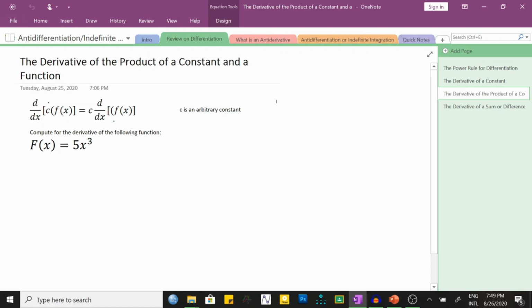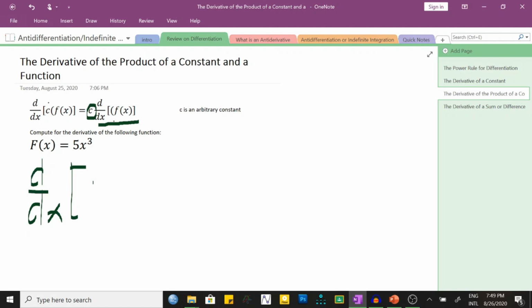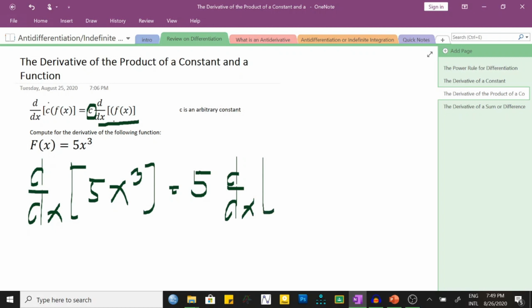According to the rule, we simply factor out c and then take the derivative of the remaining function. The derivative, for this particular example, is what? Factor out 5 and then you only focus on the derivative of what is left inside, and that is x cubed.